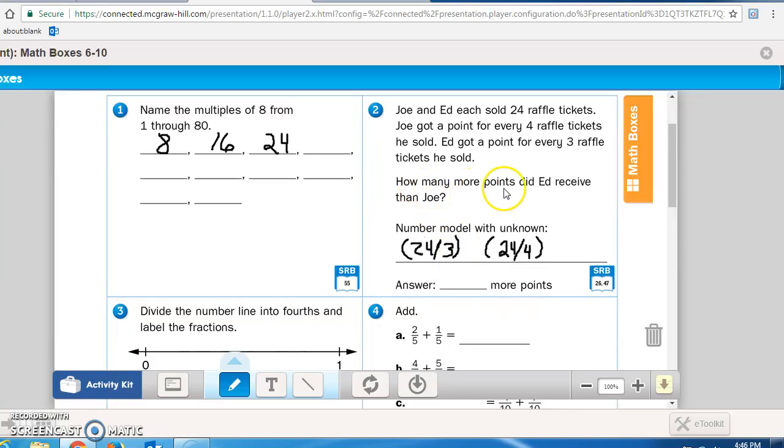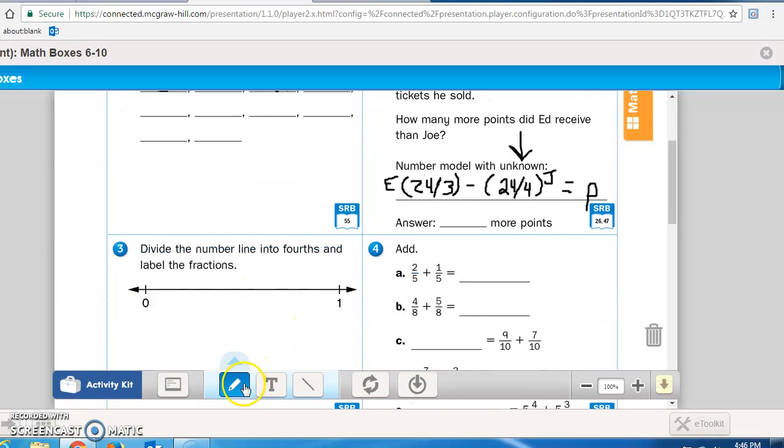It says, how many more points did Ed, this was Ed, remember, maybe you should label that, have than Joe? And notice it says, with an unknown. So we're going to put P as the unknown for points. Finish that problem before you go on to number 3.